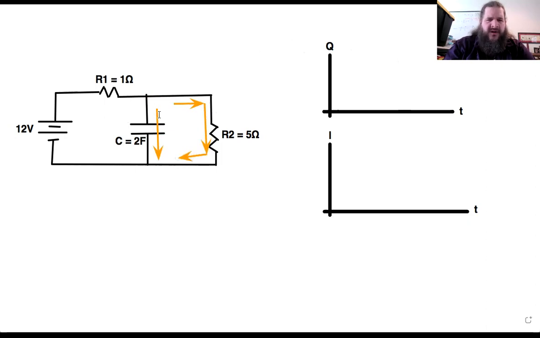I'm going to label those IC and I2. And because of the capacitor, these currents are going to be changing as time passes.